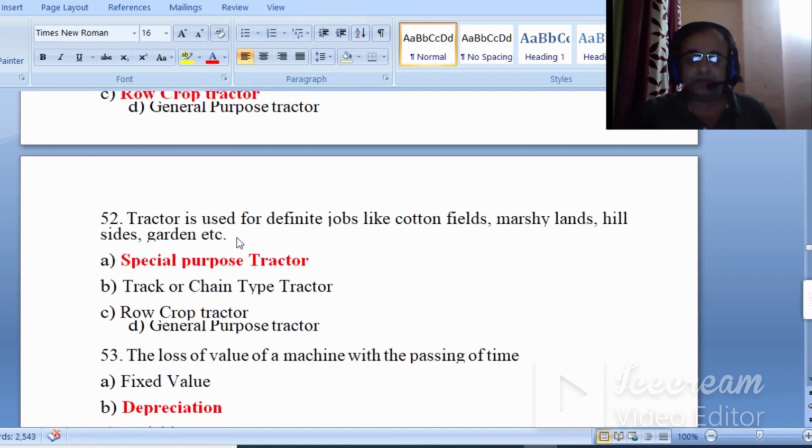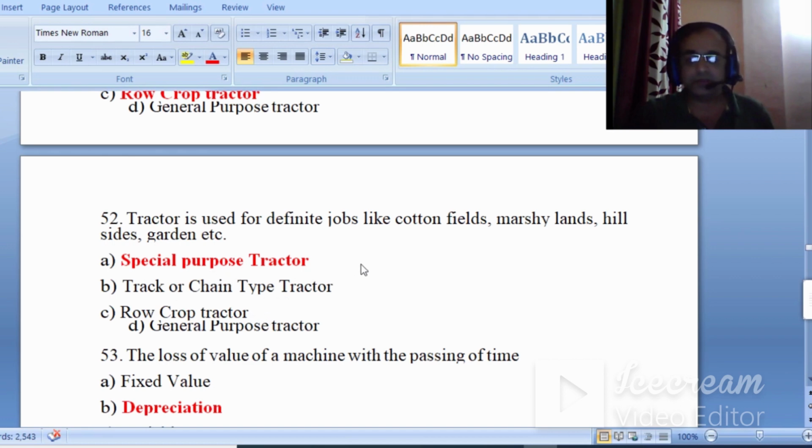Then this type of tractor is used for definite jobs like cotton fields, marshy lands, hillsides and gardens, where actually the special purpose tractors are used. The track or chain type of tractor will not be useful. General purpose also will not be useful, and row crop also not useful for that.